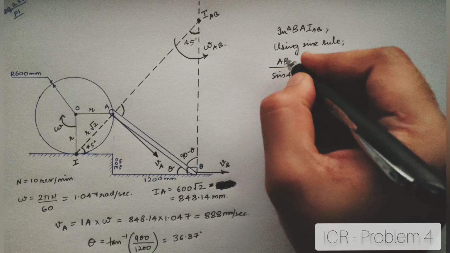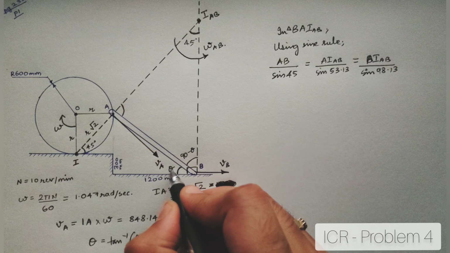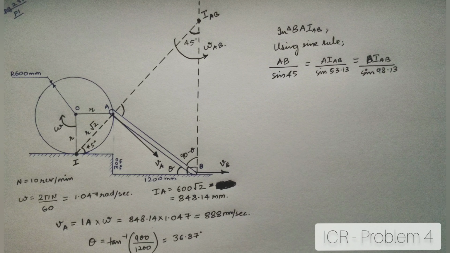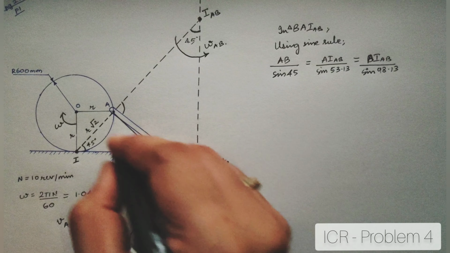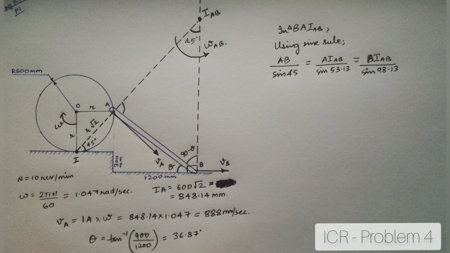Now AB can also be found in the same way. AB is the square root of 900 squared plus 1200 squared.